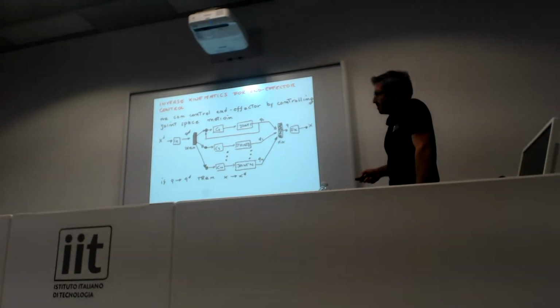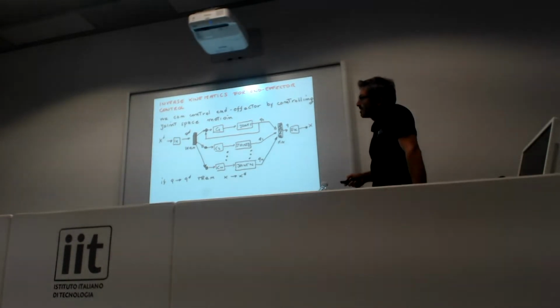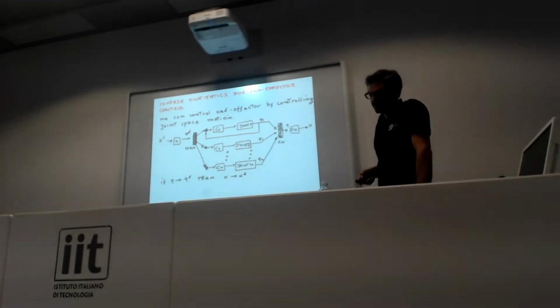With this approach, if the joints track the desired trajectory, then to a certain extent the end effector will also track the desired end effector trajectory.